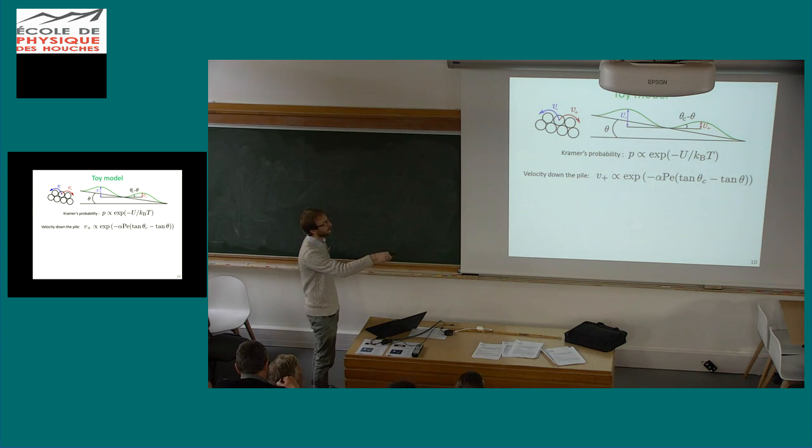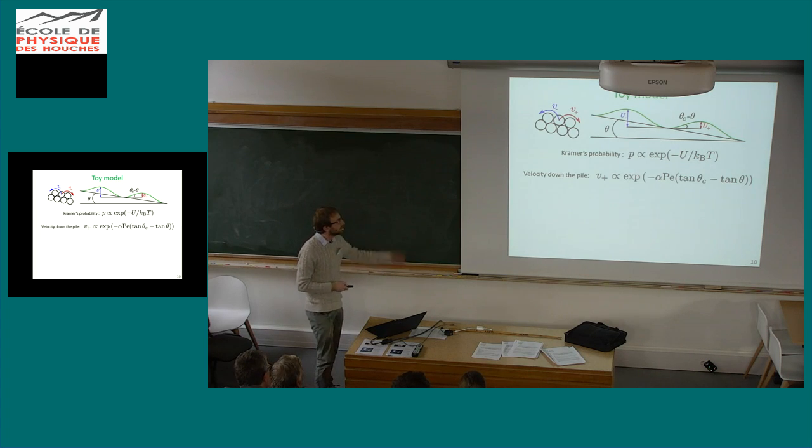Alpha is a dimensionless geometrical parameter. Here we have added this threshold angle to say that if theta is bigger than theta c, the probability is basically bigger than 1, so it flows all the time. And you can do the same for v minus, the probability to go in the wrong direction, and then you will just find the same expression but with a plus there.